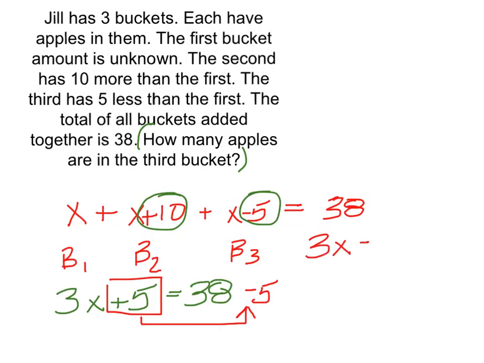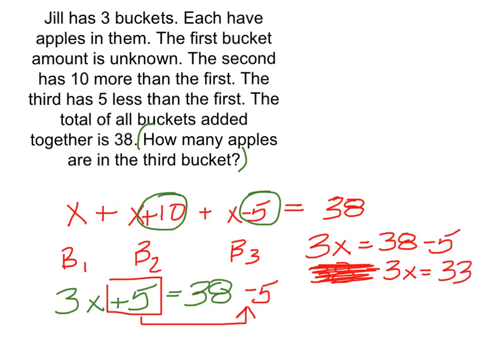So that 3X is by itself on the left, but now you have 38 minus 5 on the right. 38 minus 5 is what? 33, so 3X equals 33. To get the answer for X, what do I do? Divide 33 by 3 to get what? Yeah, we get X equals 11.